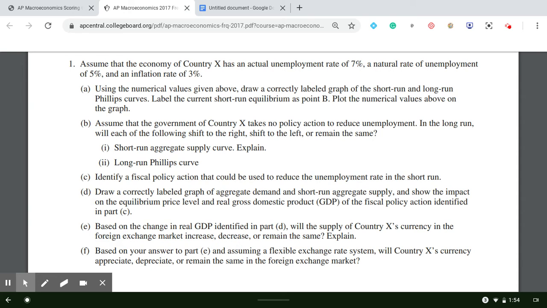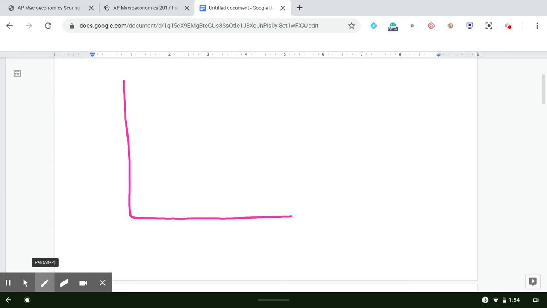Go ahead with this Phillips curve here. It is the trade-off between the inflation rate and unemployment.